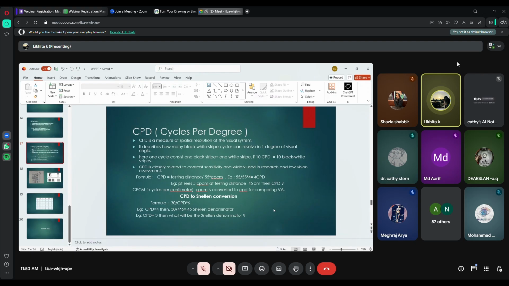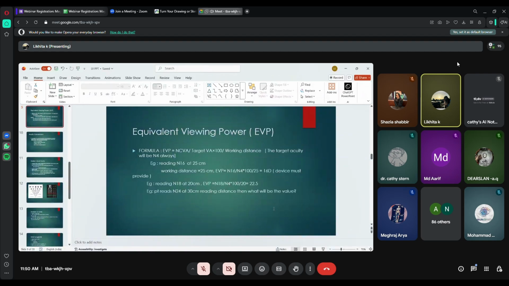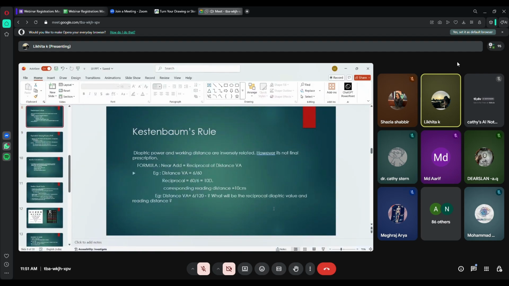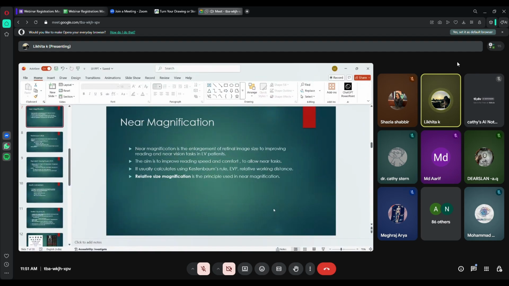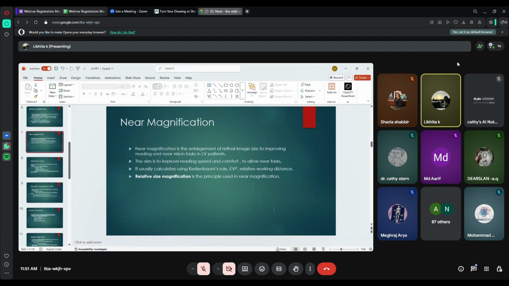I hope you people didn't get confused between the equity conversions and the magnifications. If you remember the formulas, then it will be easy to calculate. You won't be confused.